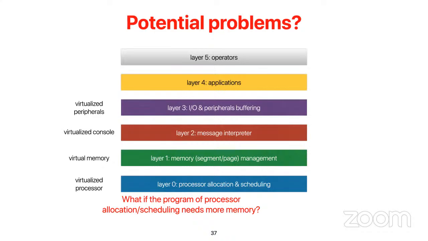Because of the strict layering, the upper layer can always request the lower layers. So there's no way for layer 0 to request more memory from layer 1, right? So this strict layer design has its own potential problems.